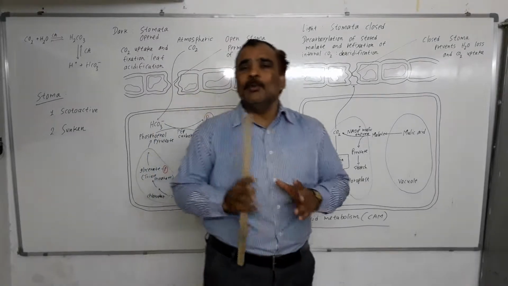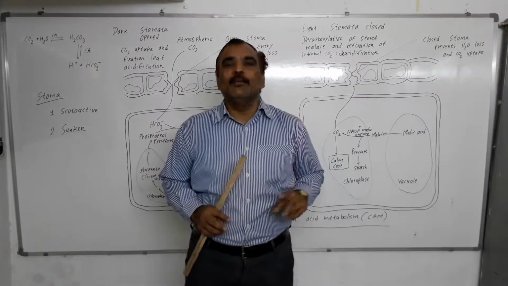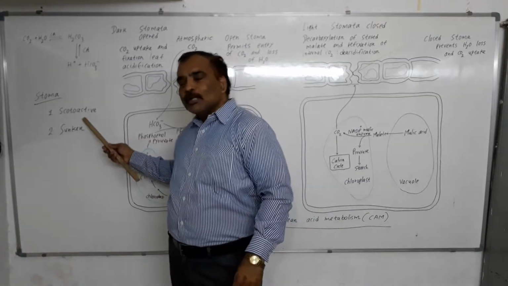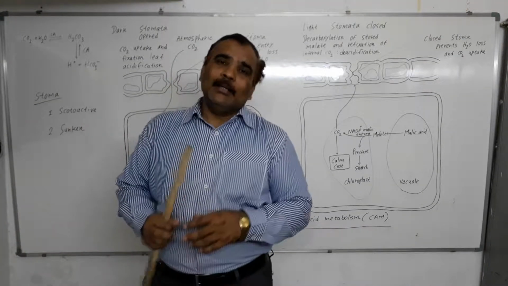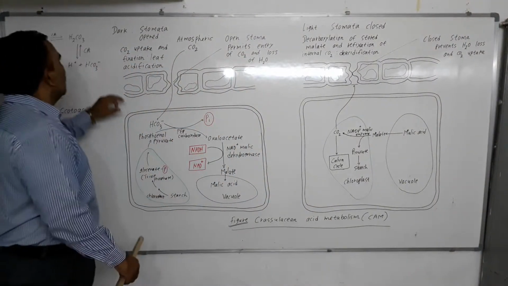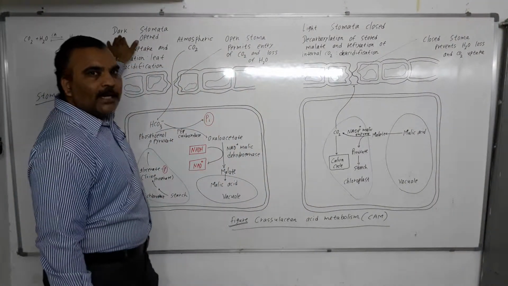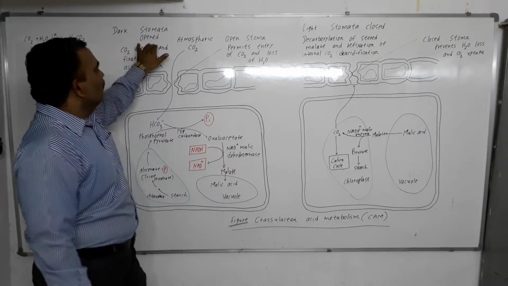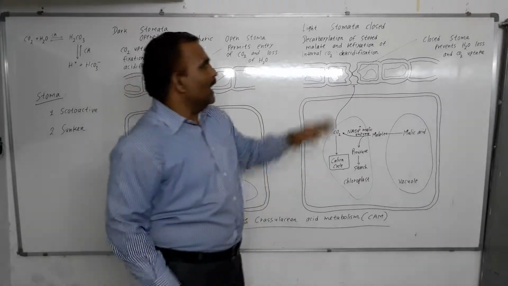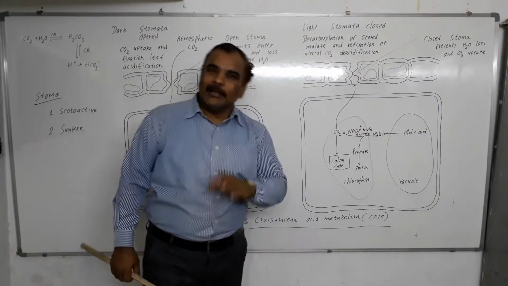Now, these stomata have two peculiarities. One peculiarity is they are scotoactive. What is the meaning of scotoactive stomata? During night these stomata remain open, and during daytime stomata are closed.